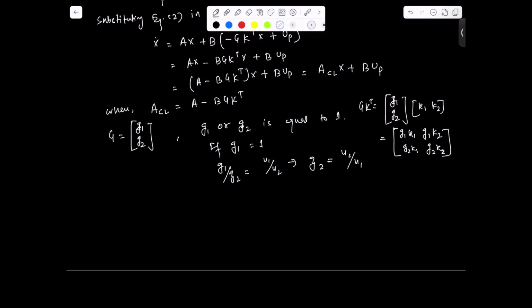If you notice in this matrix, G1 and G2 are known, and K1, K2 are unknown. So only two parameters are unknown. In the same way, if we apply this concept, we can convert the system into the simple form you have done before. So let's take an example, and this part will be clear.